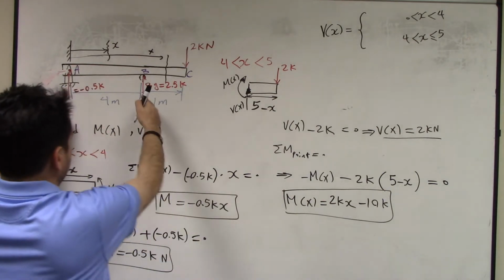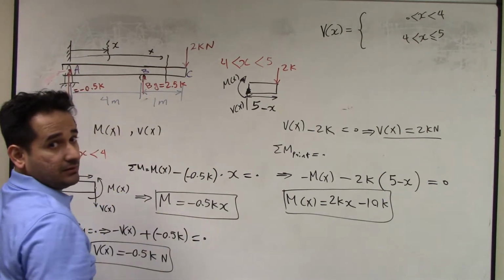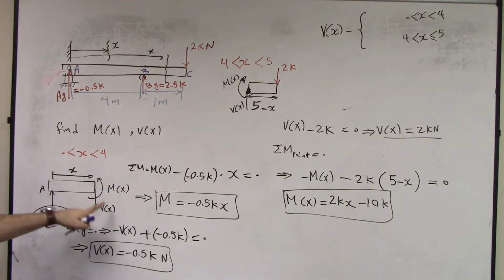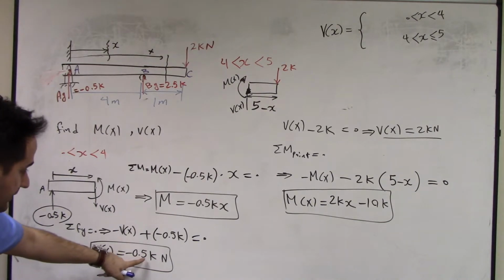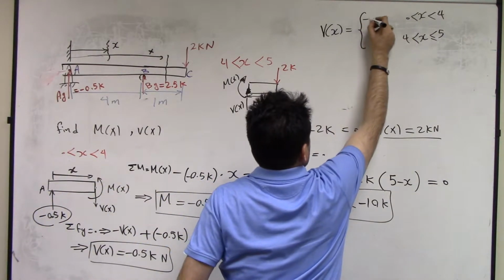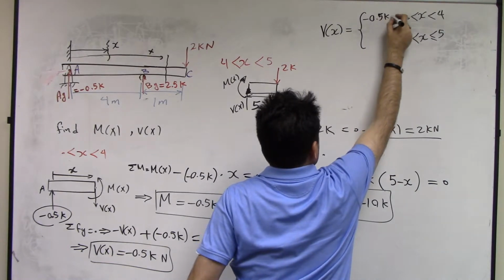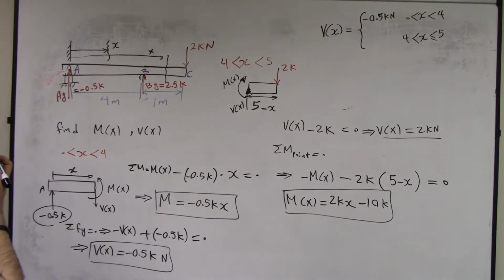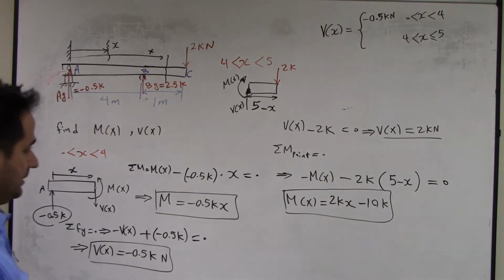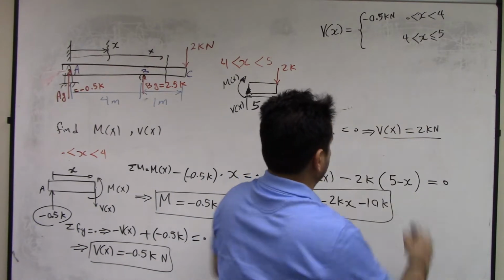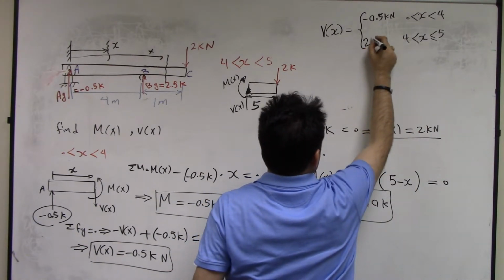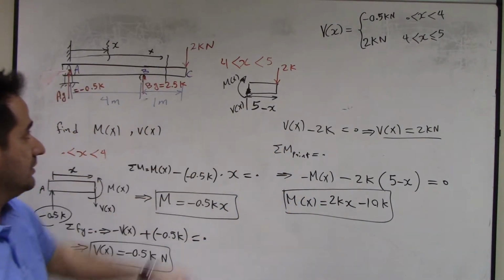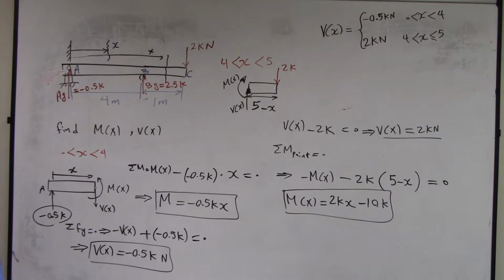So here, for x between 0 and 4, the shear force was negative 0.5 kilonewton. And after 4 to 5, the shear is now 2 kilonewton between 4 and 5. That's for shear.